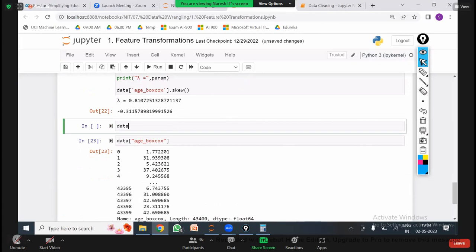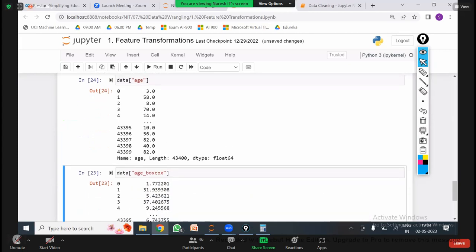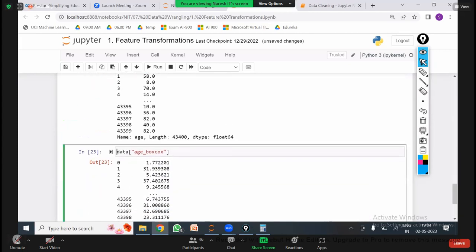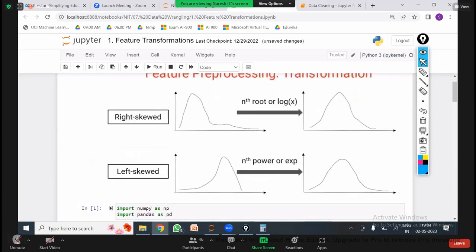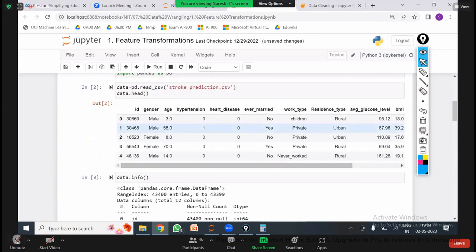Data of age, column age. This is the original data, and this is the transformed data. Is that clear? You can see here the original data you are having in the age: 3, 58, 8, 70, 14. This is the original data.